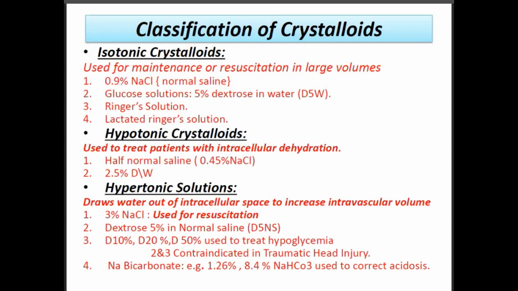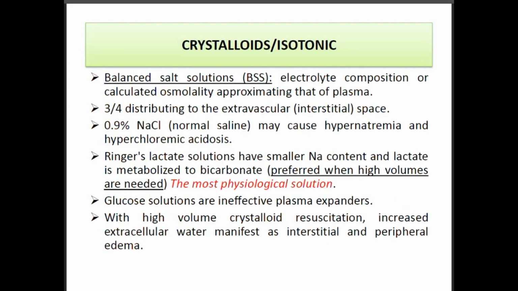Okay, classification of crystalloids. Crystalloids, as we said, we already talked about them. You know about them a little bit, and learn some examples: isotonic, hypotonic, hypertonic. There is another slide on them. Please be aware of them and read them, as you might have questions in the exams.